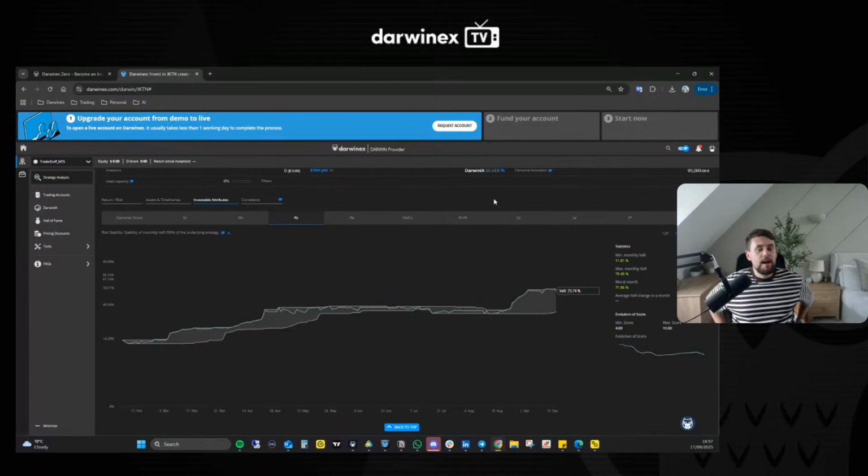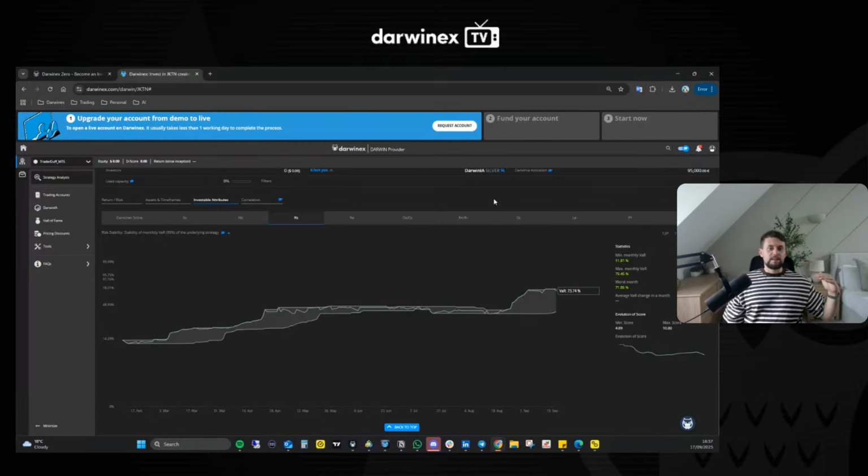But we see an exponential rise in the percentage chance of the account being blown or a significant drawdown if your VAR is above 30%. You might not blow your account, but I'm talking like 60, 70, 80, 90% drawdowns, something that's basically unrecoverable. From the data we've reviewed, the probability of having that significant drawdown or blowing up the account is exponentially higher.